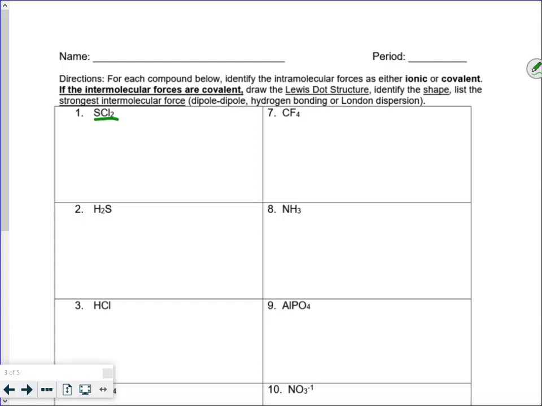We have SCl2, ionic or covalent? Covalent. How do I know it's covalent automatically? It's all nonmetals, right? Remember, we're looking for all nonmetals here. Then you would draw it, and you could count up the electrons and do all that, but I'm going to quickly go ahead and draw it.